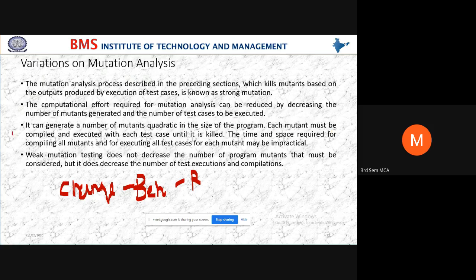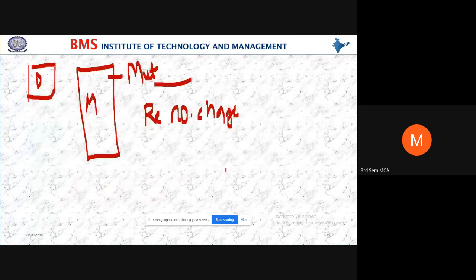Each mutant must be compiled and executed with each test case until it is killed. So each mutation, whatever changes we are applying, simply I cannot add some variable or some operator to the expression.